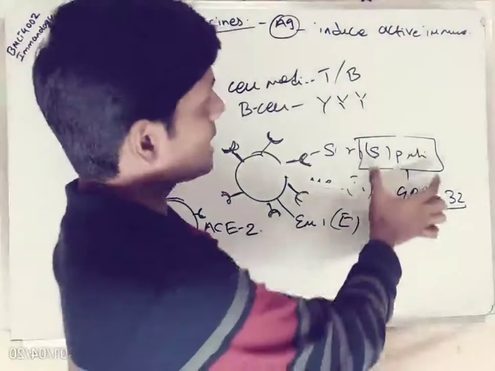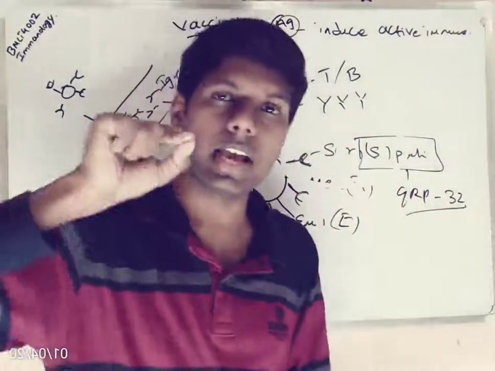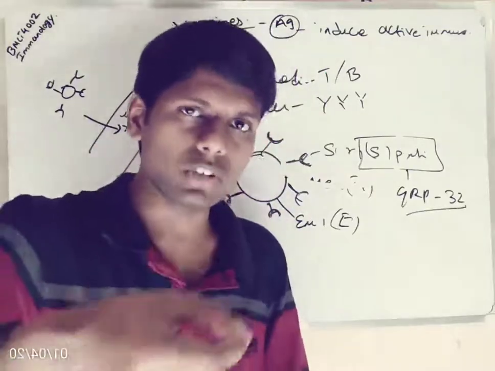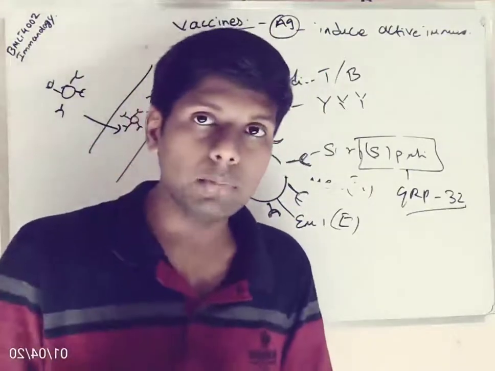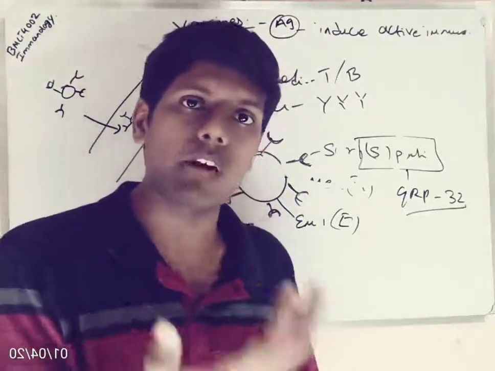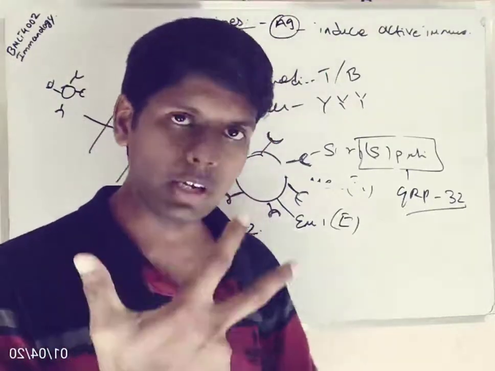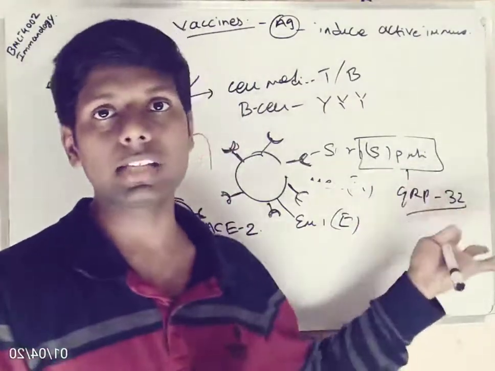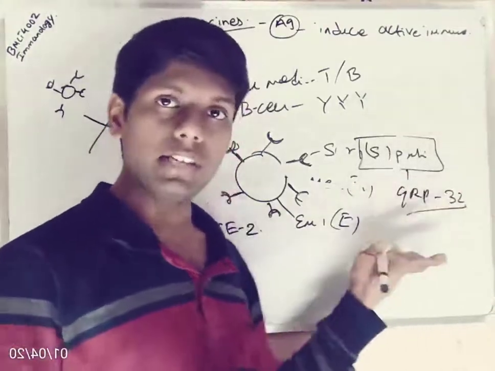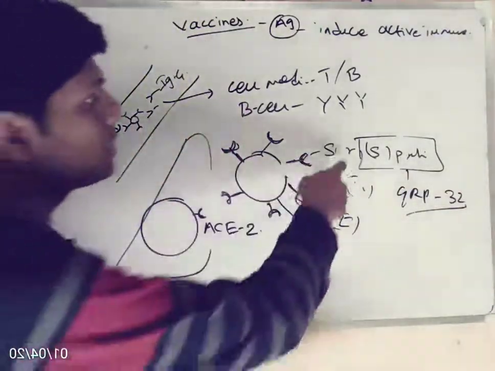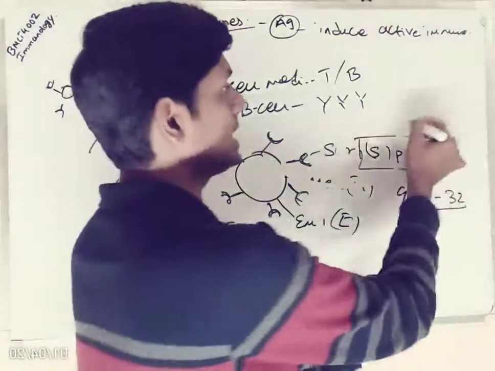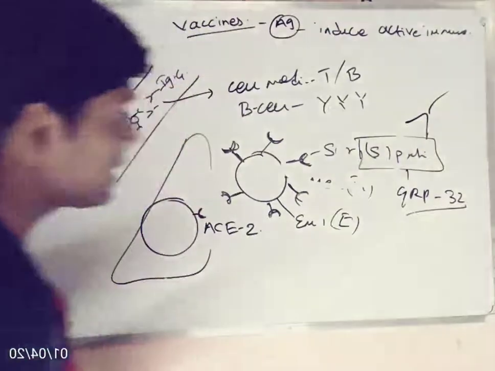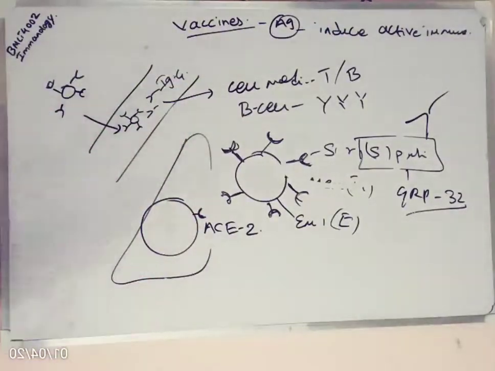I will introduce this S protein in the form of a vaccine to the people. Their immune system will start developing antibodies against the coronavirus S spike, and they will become immunized. Even if the real coronavirus enters their body, it will use S proteins, and these patients already have S protein antibodies, so they can be immunized. That is the concept behind vaccination towards corona.